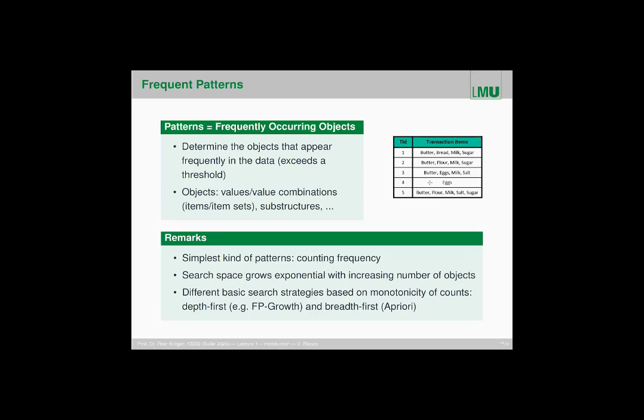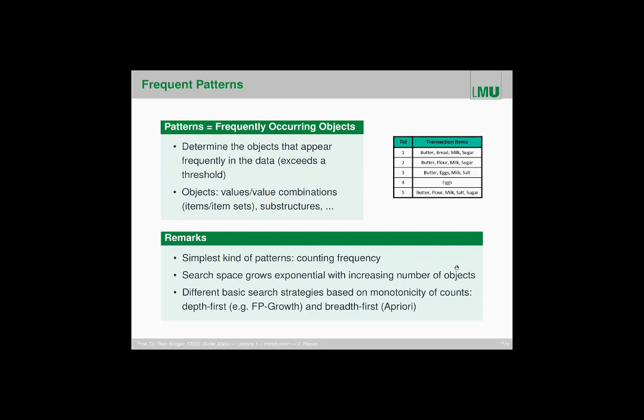This might be a very interesting pattern, because it suggests that there is some kind of correlation between these value combinations. That's why you try to find these frequent values or value combinations. So it's the simplest kind of pattern.